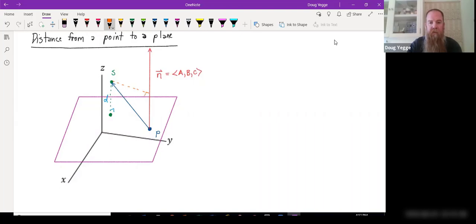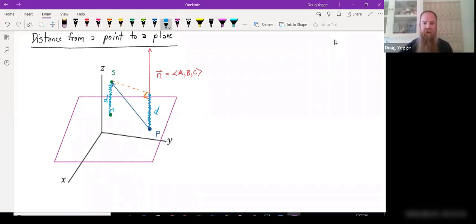And if I do so, forming a right angle, then we should recognize that this distance right here is exactly the same distance that we're looking for. So the general idea here is that we're going to project the vector PS onto N, and whatever the length of that projection is going to be the distance that we're after.